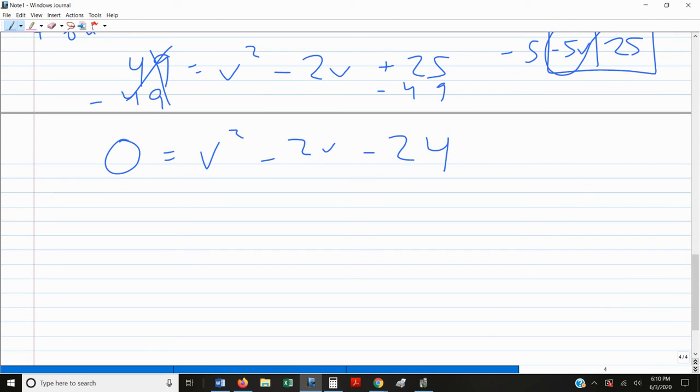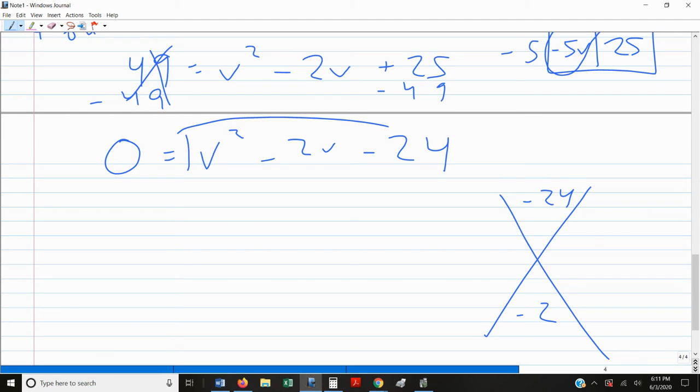I'm going to factor. So we're looking, this is an invisible 1, for numbers to multiply to negative 24 and add to negative 2. And those numbers that multiply to negative 24 and add to negative 2 are negative 6 and positive 4. Because you have this invisible 1 here, you are allowed to go right to this shortcut of v minus 6 and v plus 4.